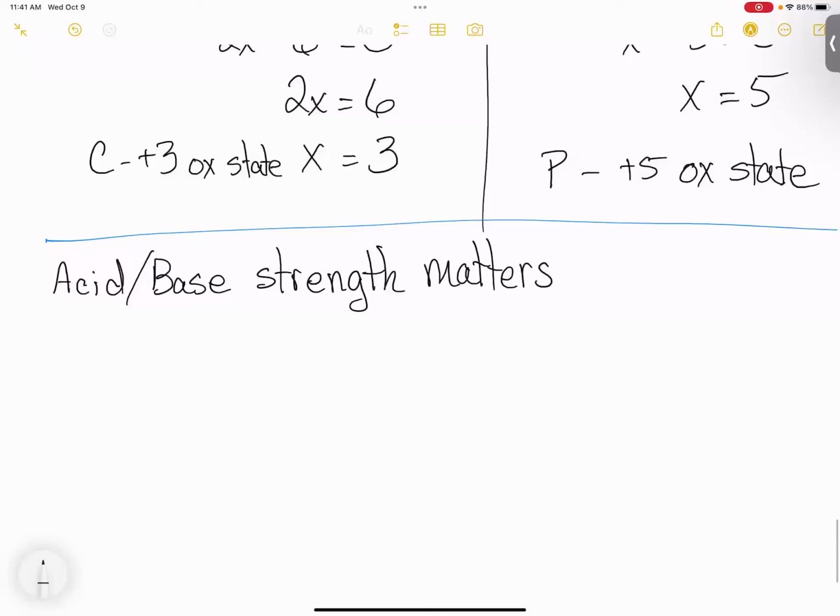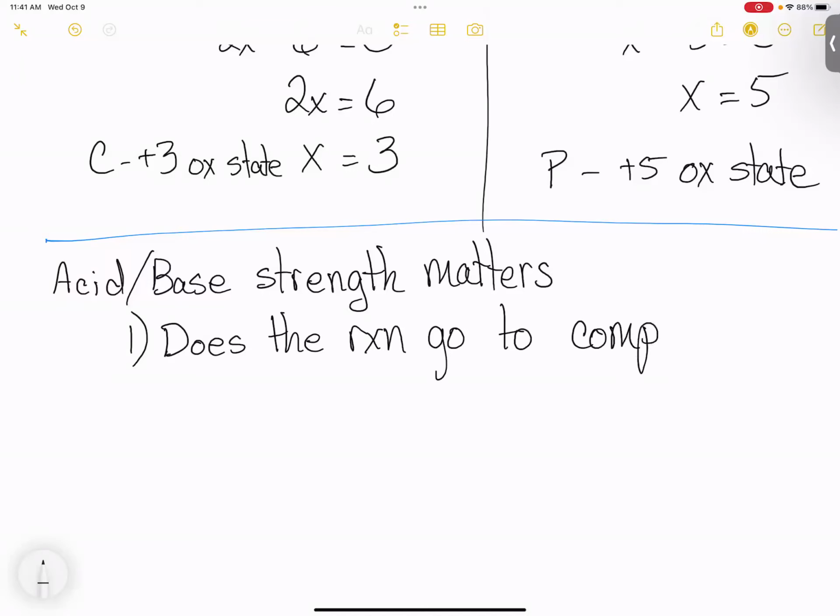One, because we need to know whether the reaction goes to completion. If it has a strong acid or a strong base, it's going to go to completion.